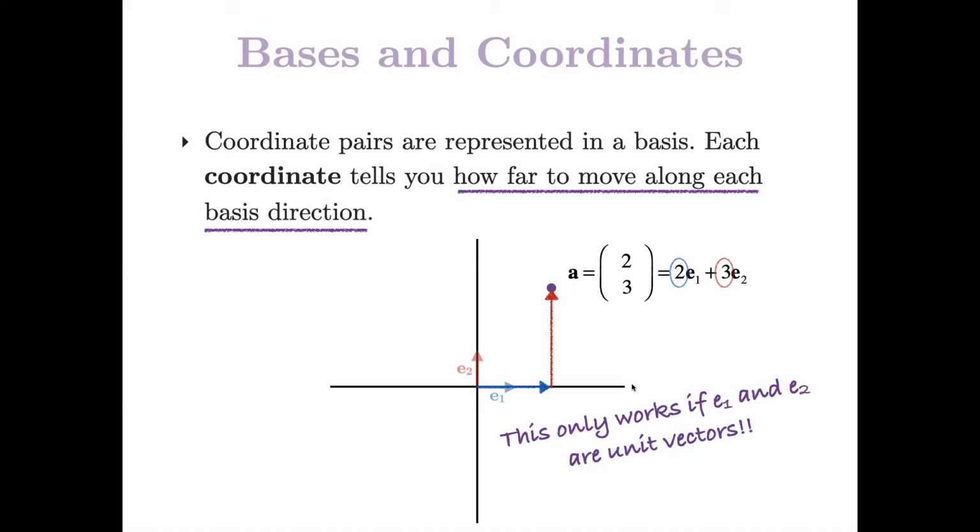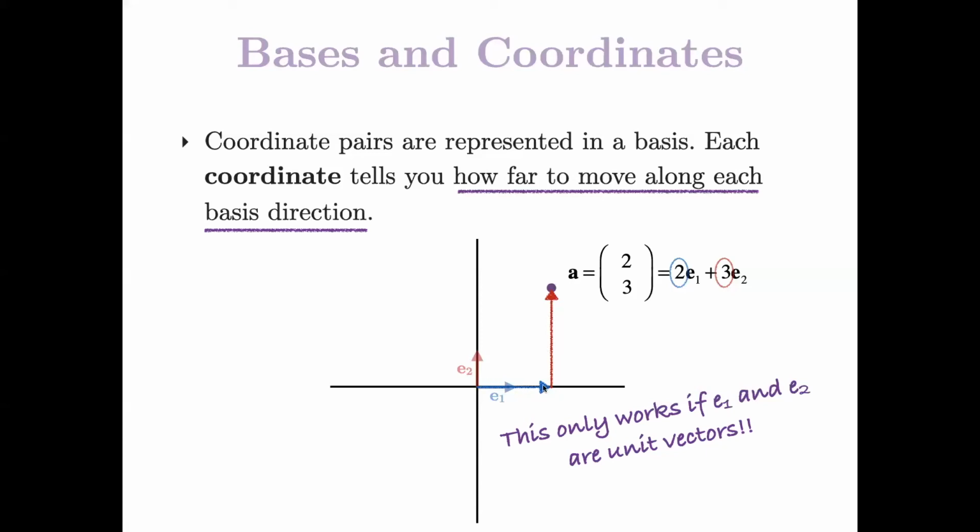If instead, you can imagine I chose a different basis vector for E1, perhaps the blue vector that's shown here. Well, how far would I have to move in that direction if I was going to the purple point? Well, if I were to choose this blue vector that's now shown on this page, I would only have to move 1 times that vector, and then 3 times E2.